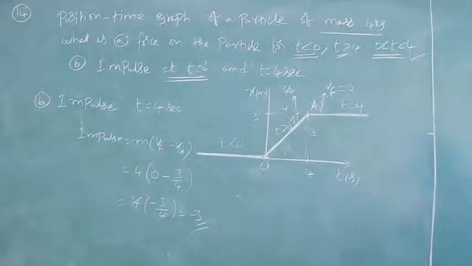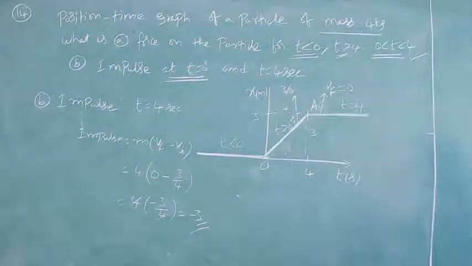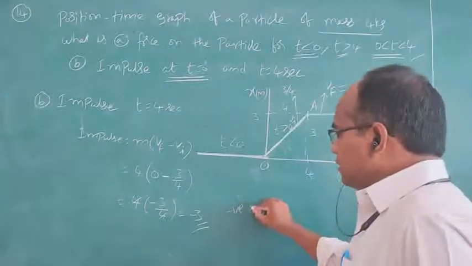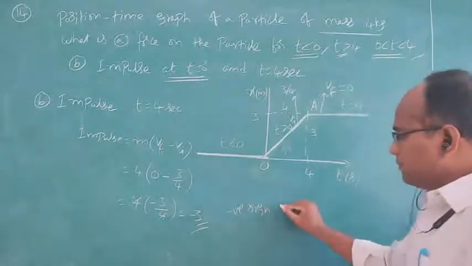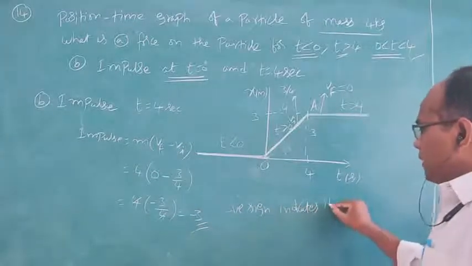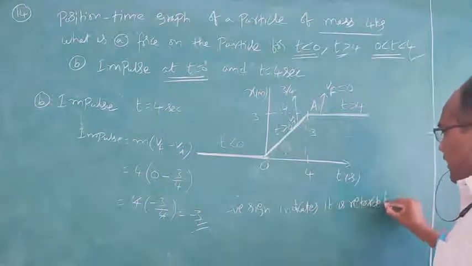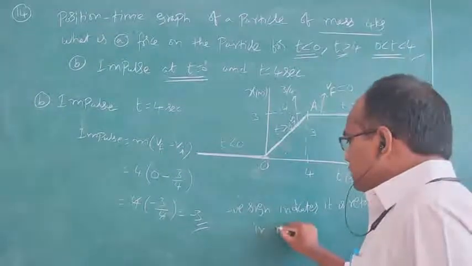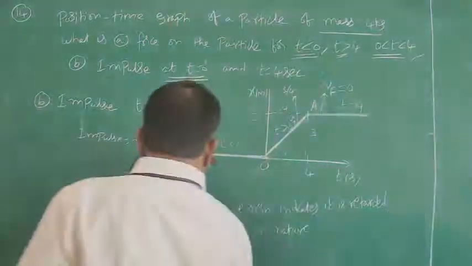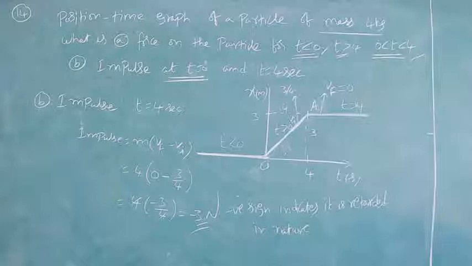Here the negative sign indicates that the impulse is retarded in nature. So this is a value which you have to note.